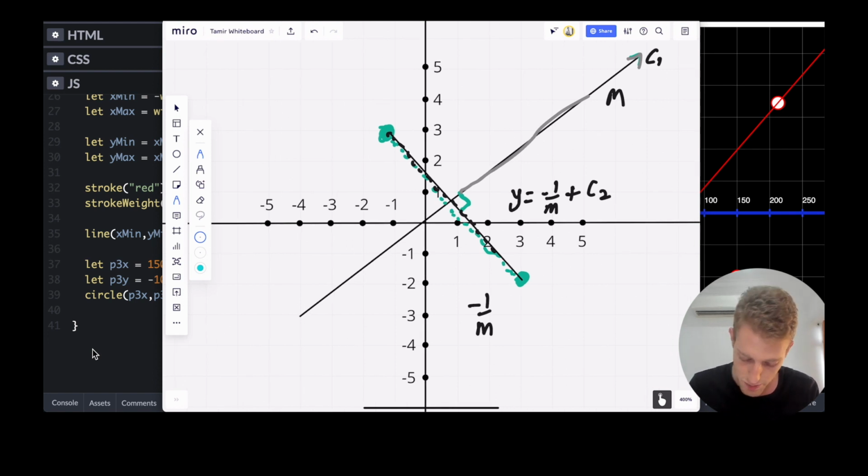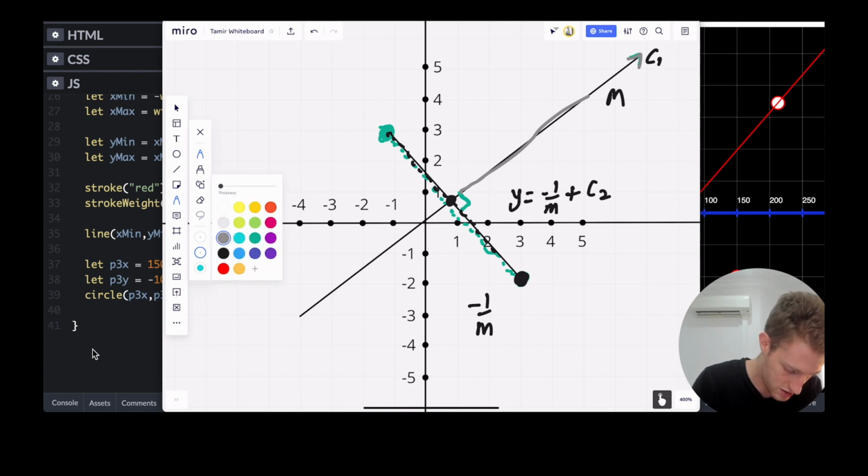And we can find it just by plugging in this point, which we've defined, into this equation, and we can work out what c2 is. With that, we now have the equation of that line. The next step is actually to find this point of intersection.